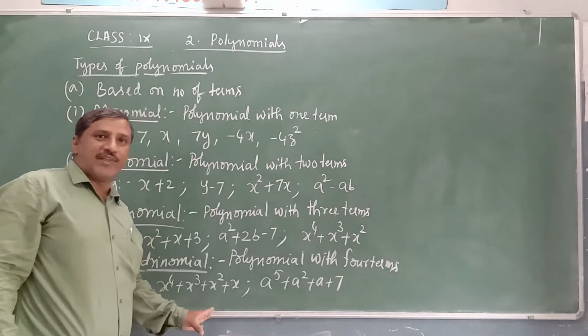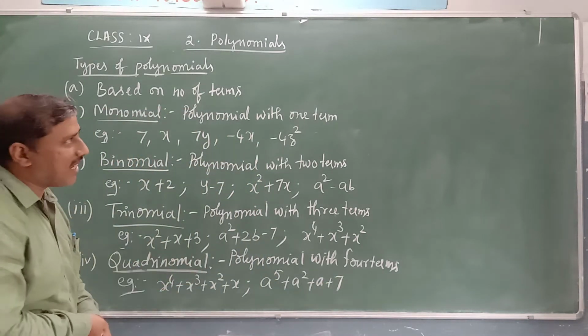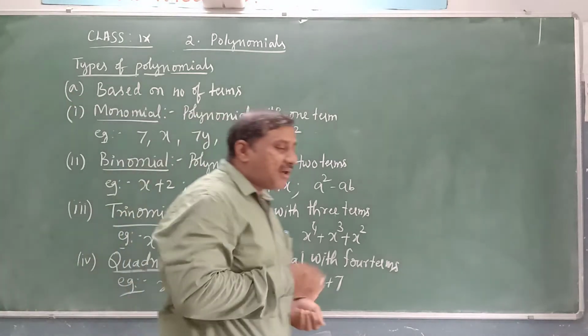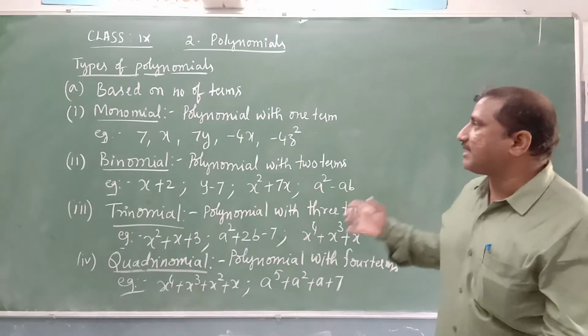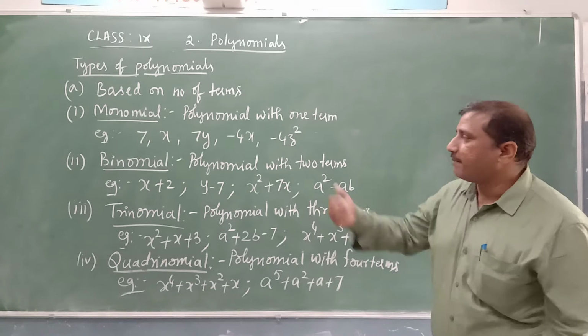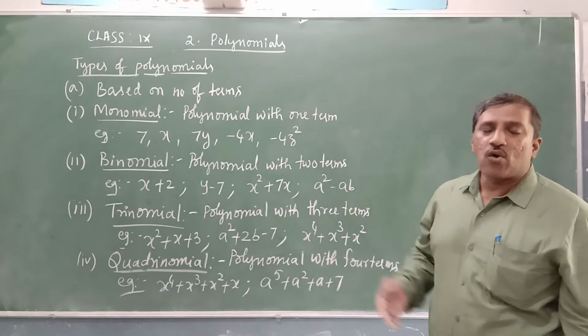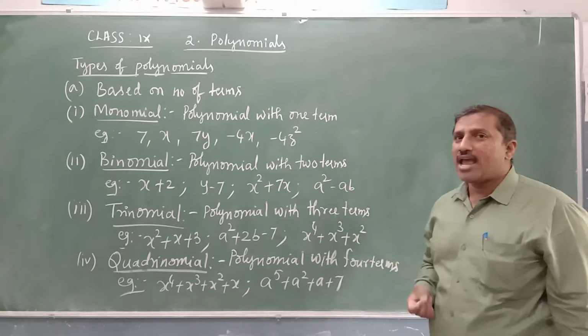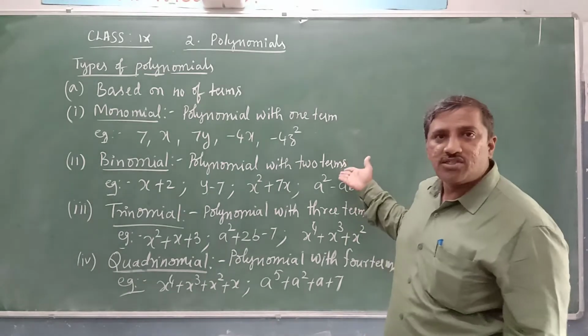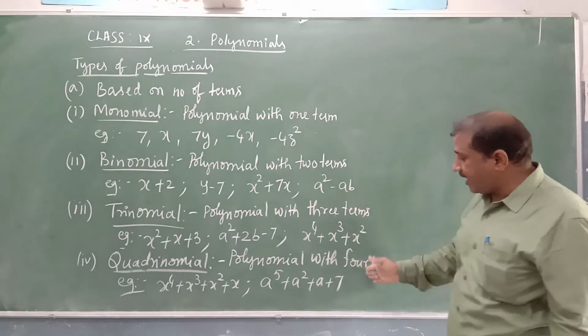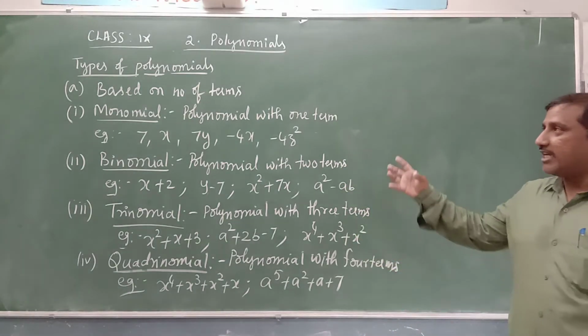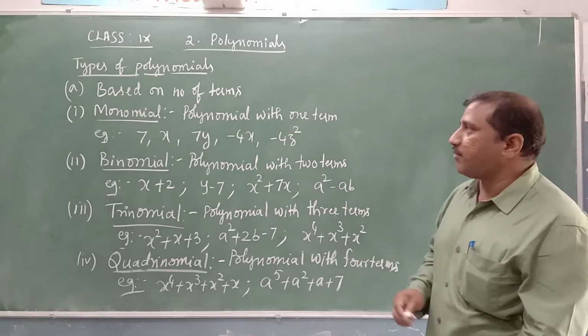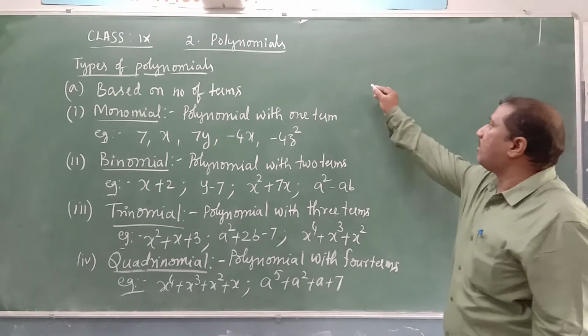So these are some examples of a quadrinomial. Based on the number of terms, polynomials are classified as monomial, binomial, trinomial, quadrinomial, having 1 term, 2 terms, 3 terms and 4 terms respectively. This is the classification of polynomials based on the number of terms.